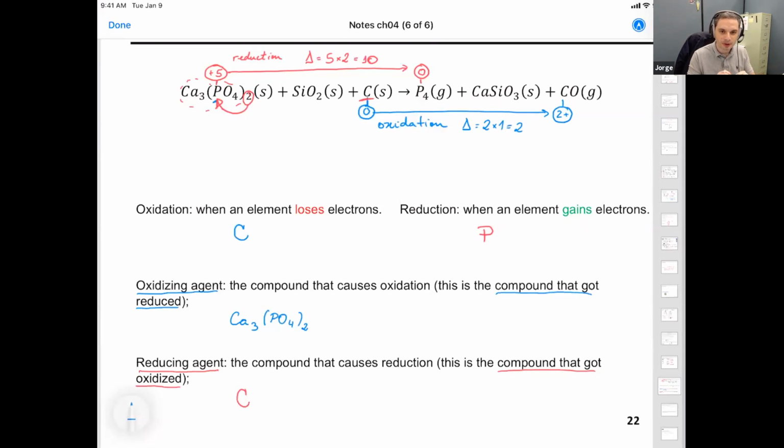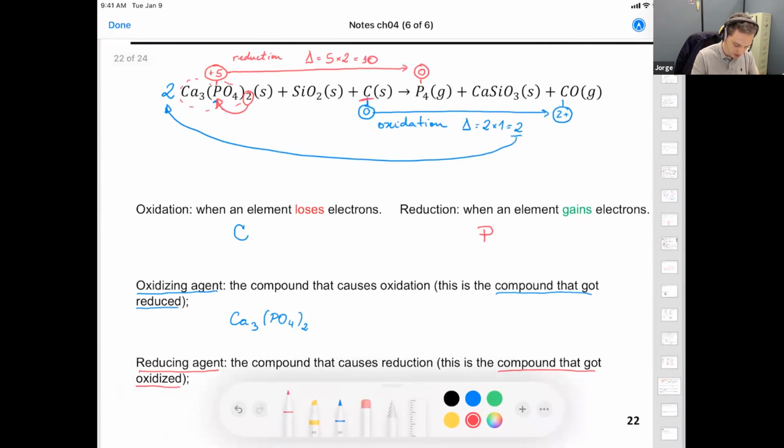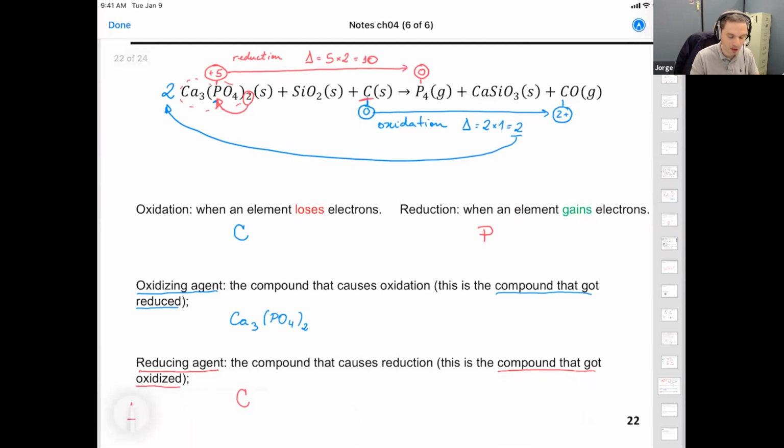And now here is going to be very simple. The delta from the oxidation leg of the equation is going to be the stoichiometric coefficient for the element that reduced. So therefore, the 2 here will move as the stoichiometric coefficient for the compound that reduced. And we are going to do the opposite with the delta from the reduction leg of the equation.